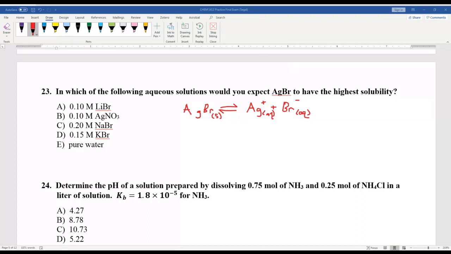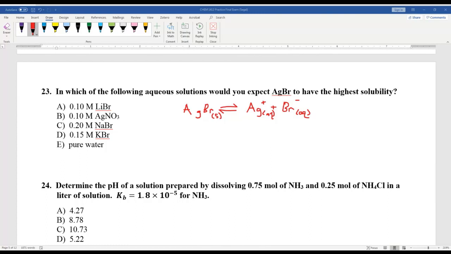Yeah, it's going to shift to the left towards reactants. So a shift to the left, is that more soluble or less soluble? Less soluble because it's forced into being a solid. So we see then that anything that's going to add an ion to the right-hand side of this equation is going to push the reaction to the left, making it less soluble.